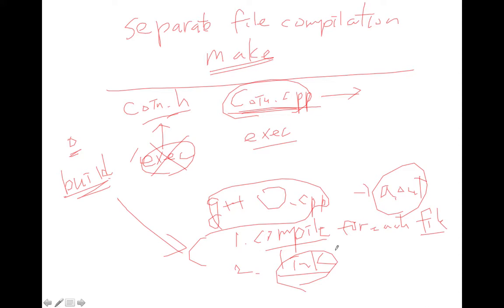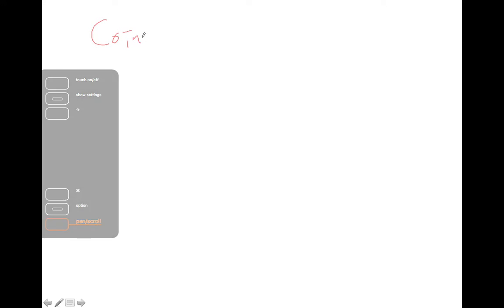That's the procedure. So if we have separated that way, coin.cpp is translated into coin.o. This .o is an object code.